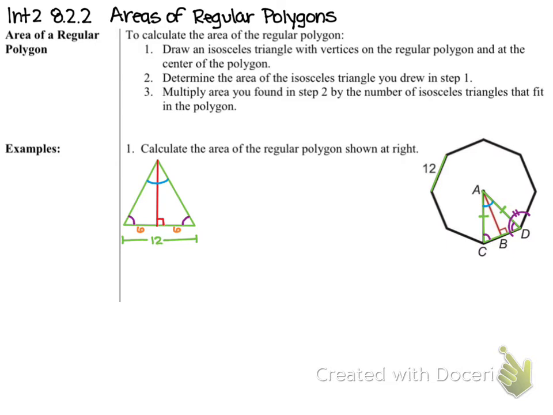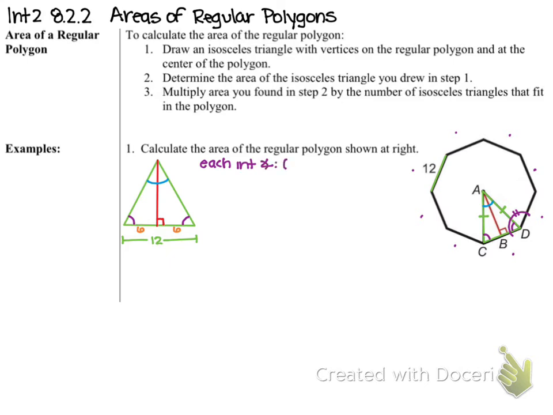Not that it matters. So taking a look at the shape that we have here, we can take a look at how many sides this thing has. So I've got 1, 2, 3, 4, 5, 6, 7, 8. All right. So I want to figure out how big each interior angle is. So this goes back to what we did previously.